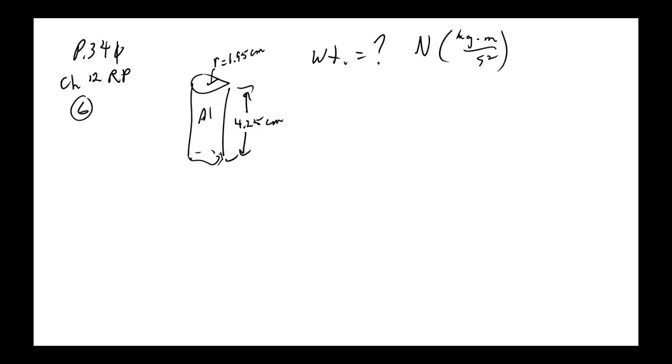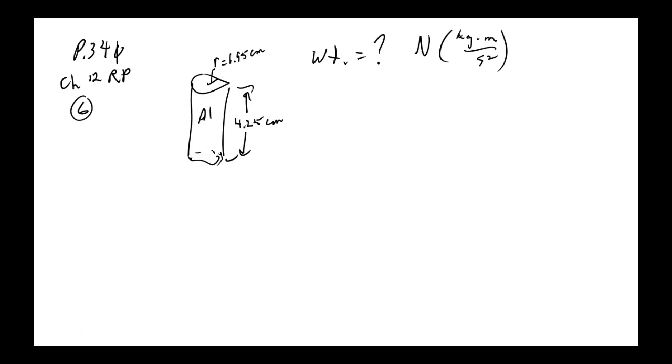Okay. Well, before I do that, we also are going to be using what formula? The one that's got the radius in it. If you look up in a table, what are you going to find about aluminum?